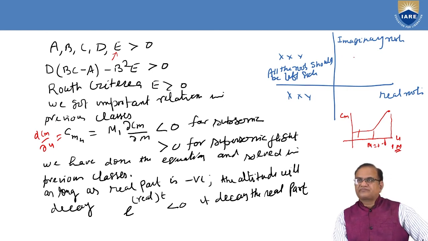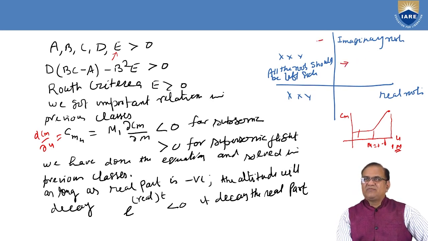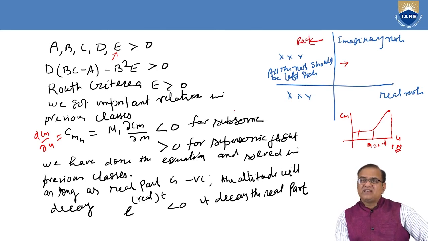You can see here that the right side is the imaginary part and this is the real part. So by solving this, if your roots are on the left side, then it is decaying and it is a stable case.